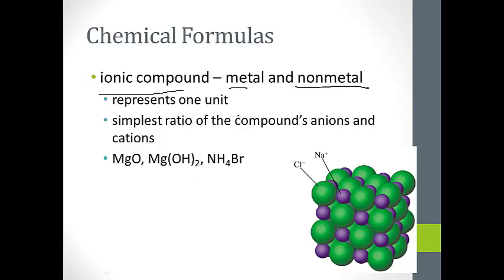But an ionic compound is going to be the simplest ratio of the compound's anions, which are negatively charged, as well as the cations, which are positively charged. Okay, and just as a reminder on the little picture down here, your chlorine is your negatively charged anion. They're going to get larger because when you add another electron, it's able to repel the protons a little bit further in the middle.